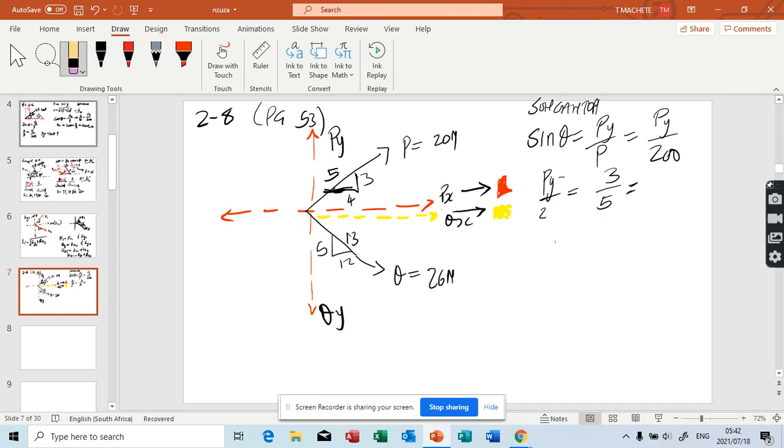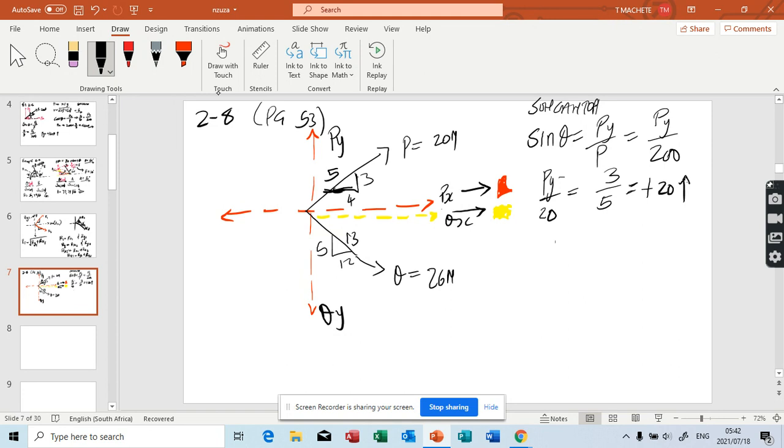Then you'll get 60. You're going to remove that 0. So it's 12. It's positive 12. You write that sign, positive 12, and it's going up. Yes. Okay, and then let's find the other one.